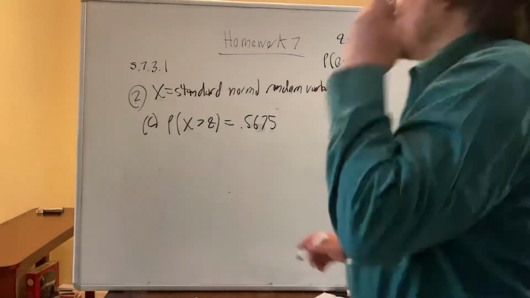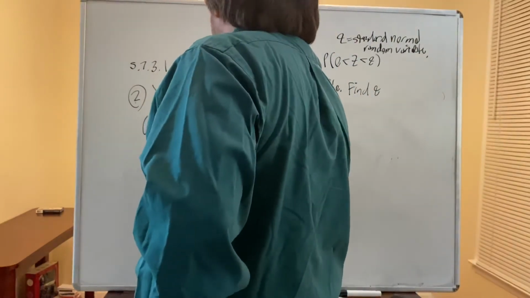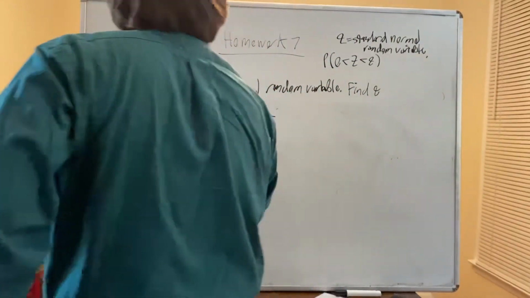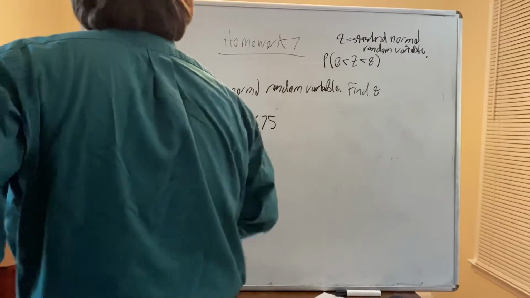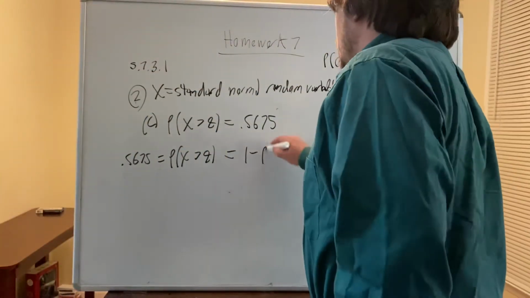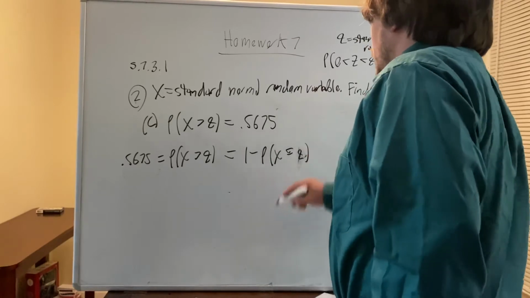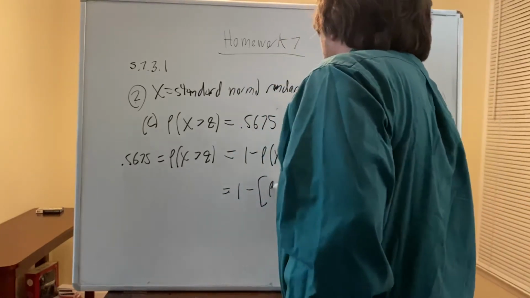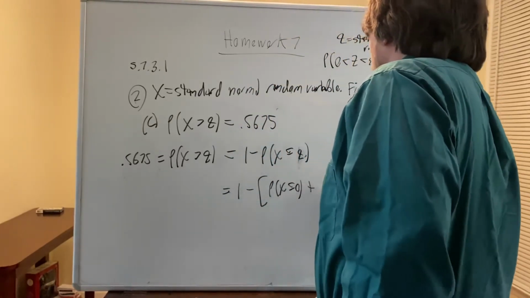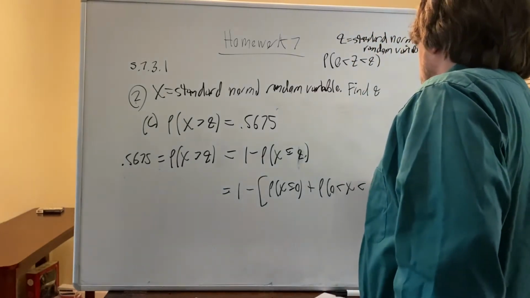So the probability that x is greater than z is equal to 0.5675, and it's also equal to 1 minus the probability that x is less than or equal to little z. Well, that's equal to 1 minus the probability that x is less than or equal to 0, plus the probability that 0 is less than x less than z.